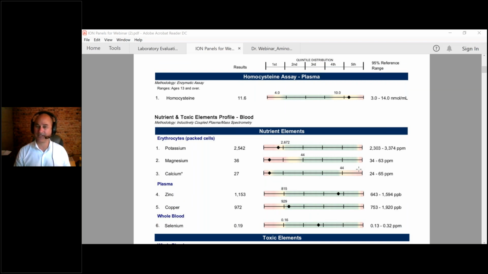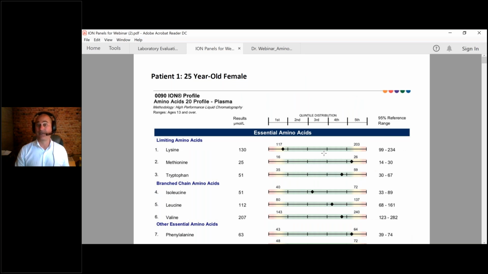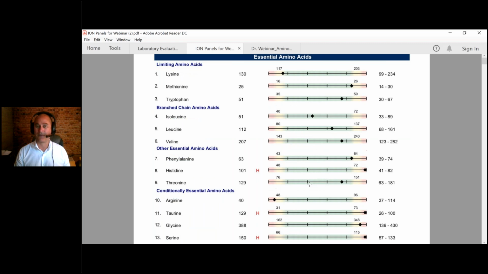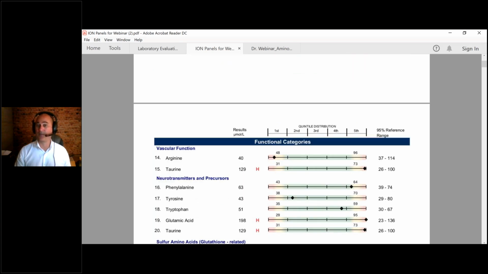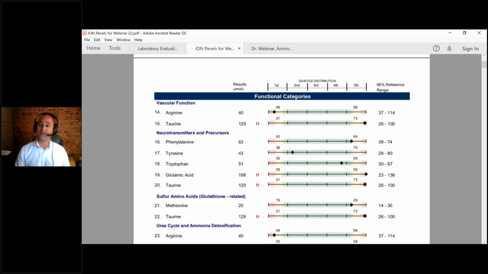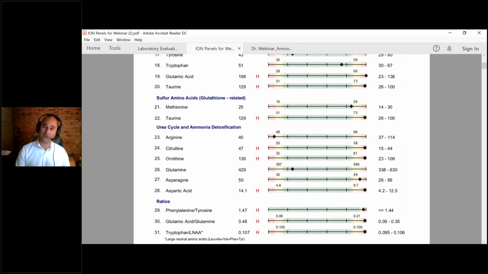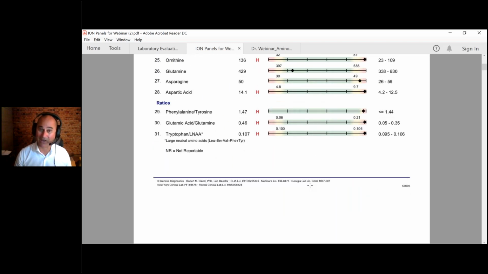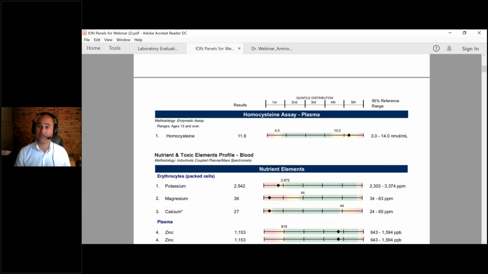What are the portions of this test that directly relate to amino acids? Just to skim through an ion panel. Obviously, the amino acid section has to do with amino acids. That one is not too complicated to understand. If the patient is high, you're going to give B vitamins and extra B6. If the patient is globally low, they have a pattern of low levels, you're going to give free-form amino acids, 2 teaspoons plus tryptophan. They're going to feel fantastic almost right away.